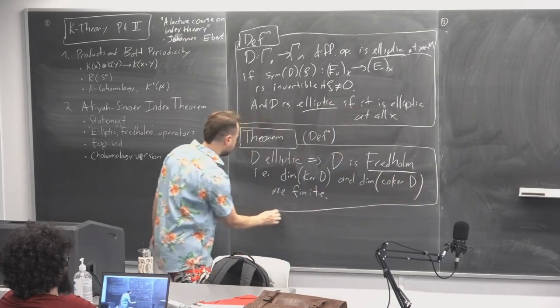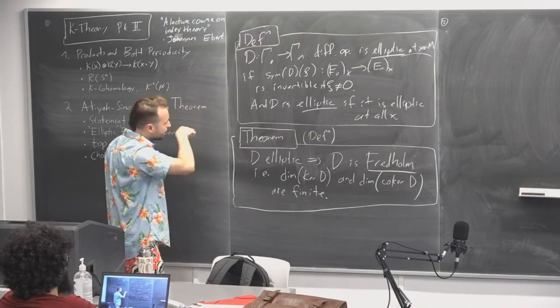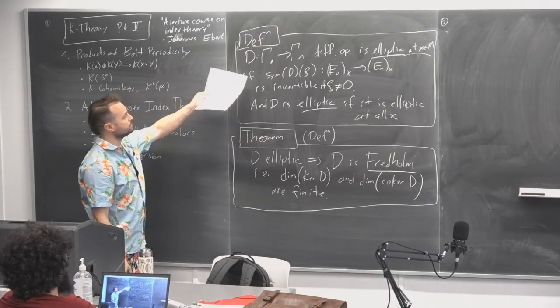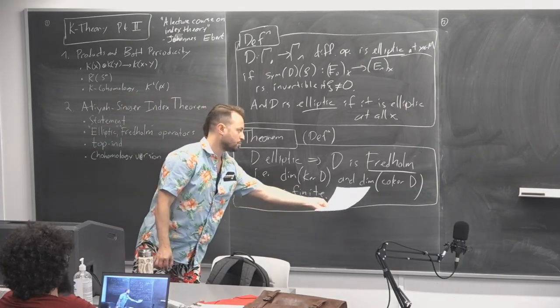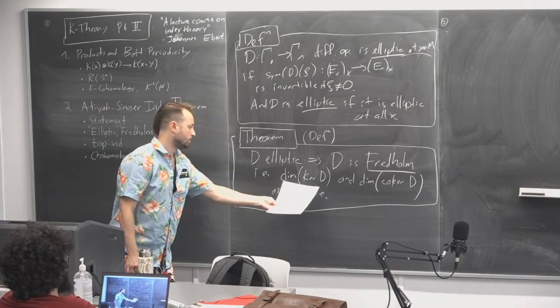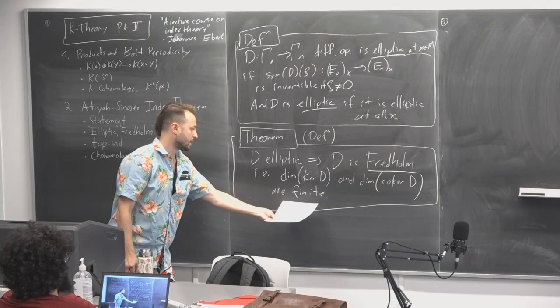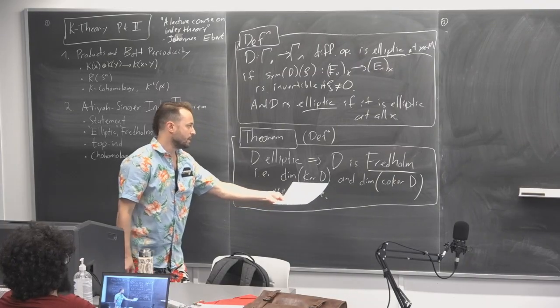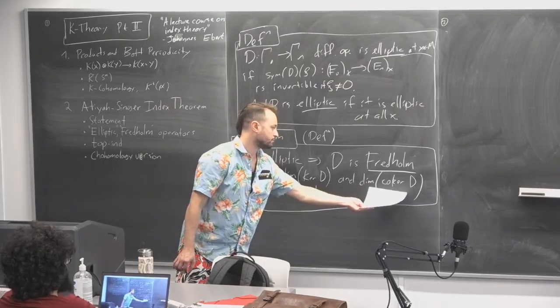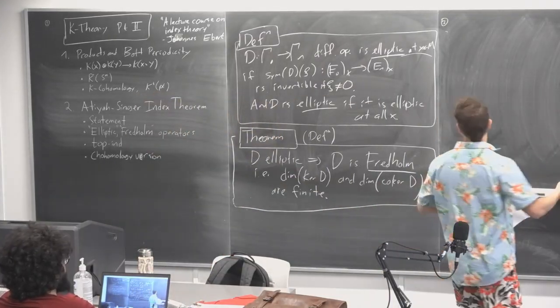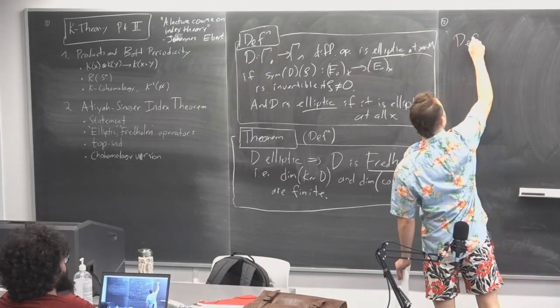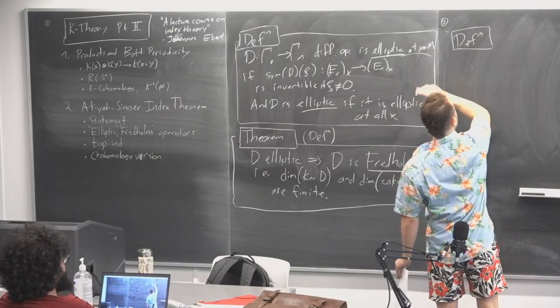These spaces of sections are very infinite dimensional, but being elliptic means that it's actually rather close to being an isomorphism between the two of them. It only fails to be injective with finite order, and it only fails to be surjective with some finite order. So the difference between these dimensions, this is the thing that we're going to be interested in.